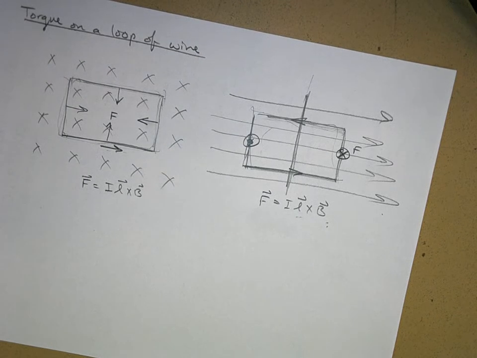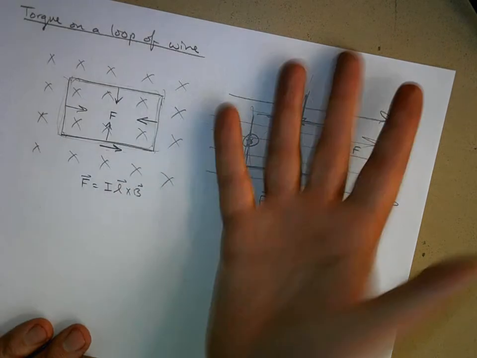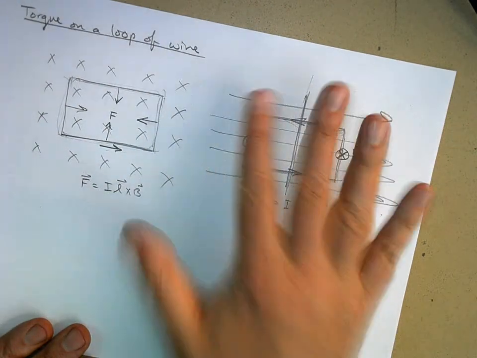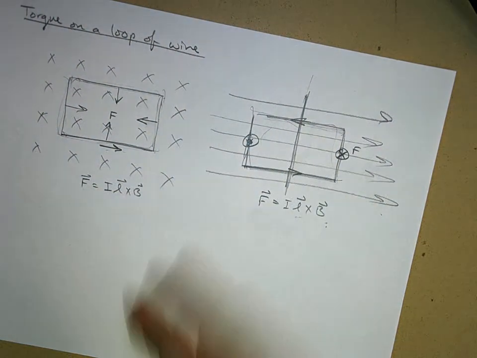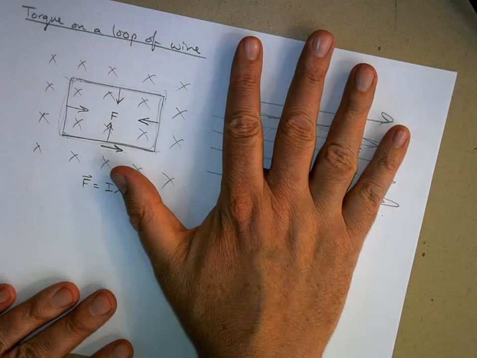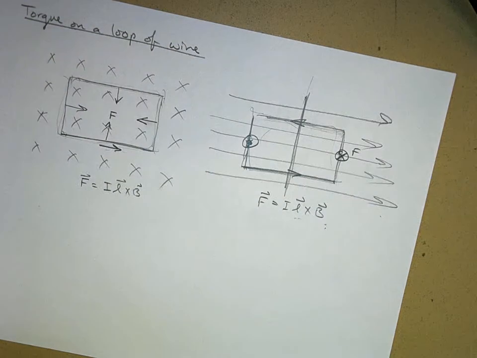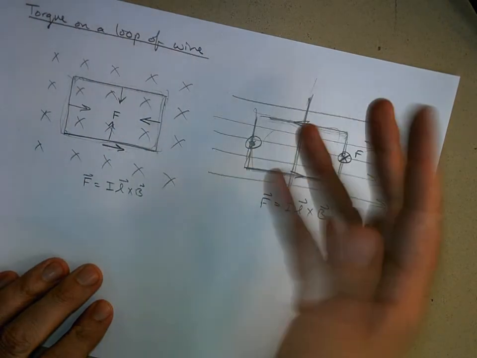Now there's all kinds of complicated things going on in a motor. You have to reverse the direction of the current every 180 degrees of rotation. Otherwise, the thing will just flop back and forth like this, and that's not very useful. But if every time it rotates 180, you flip the direction of the current, it'll keep twisting in the same way.